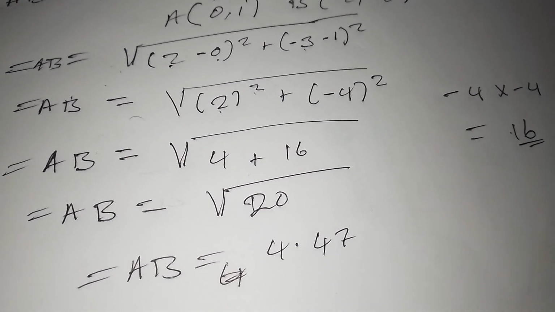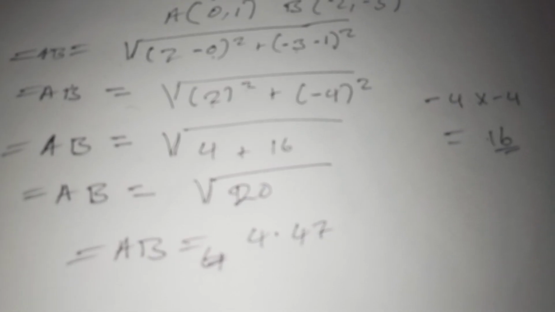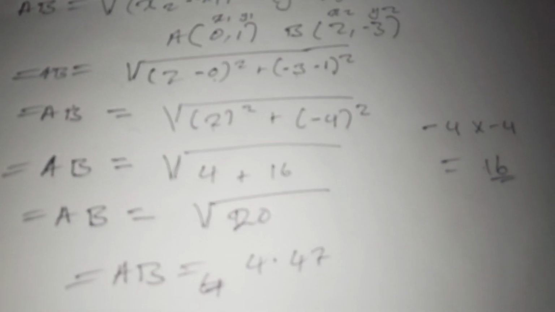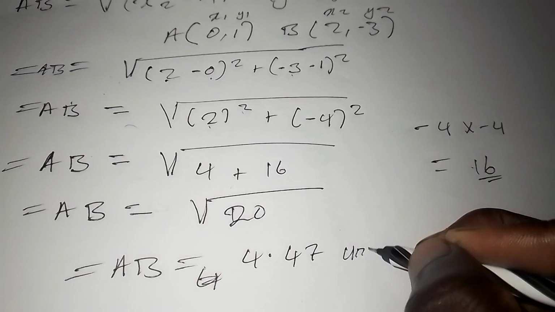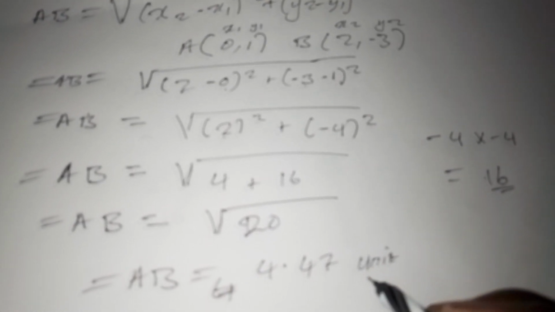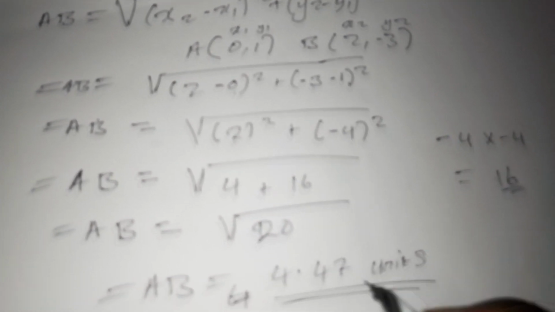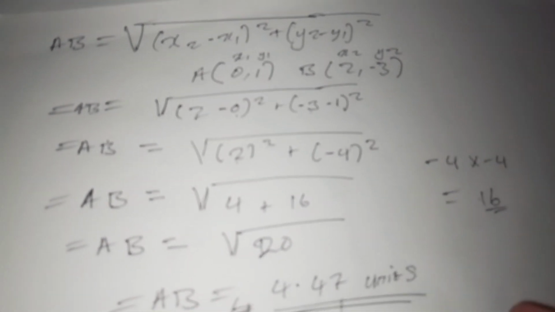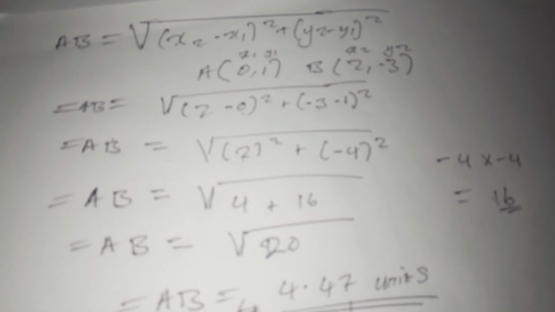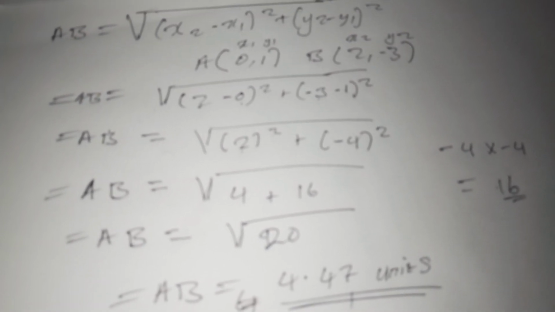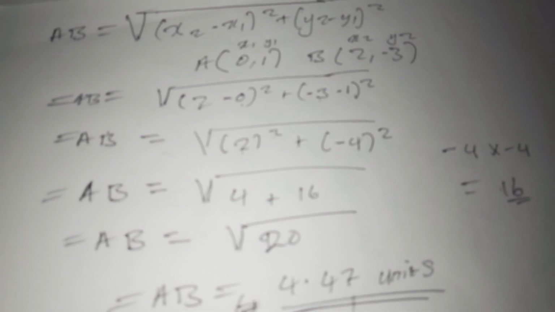We can put it in two decimal places, no problem. Then what about the units? Just put units. 4.47 units. So that was the distance between coordinates A and B, 4.47 units.